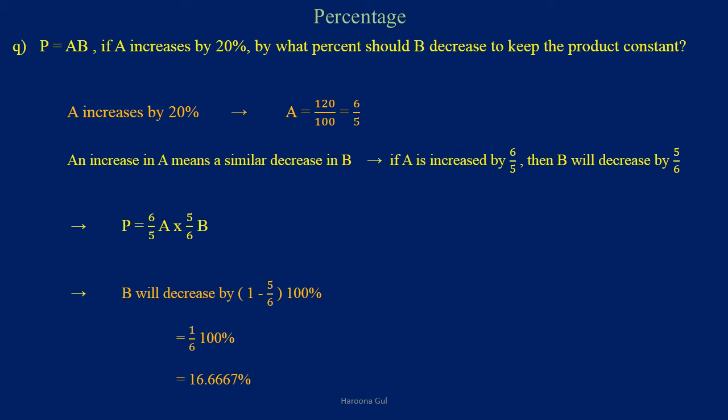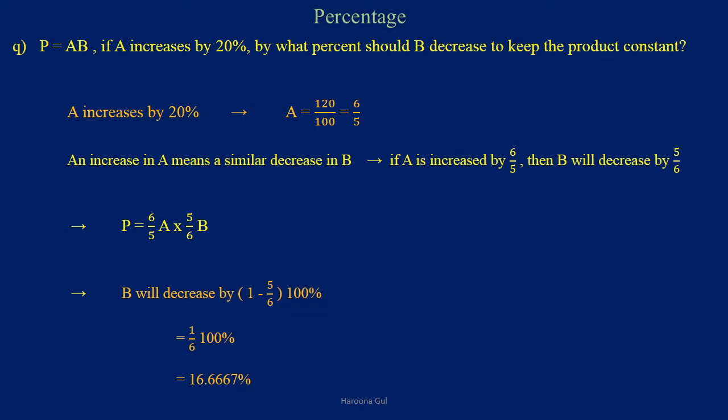Percentage decrease in B means we're going to write it down in an equation form. So B will decrease by 1 minus 5 over 6, 5 over 6 is the decrease, right? The decrease in B into 100%.